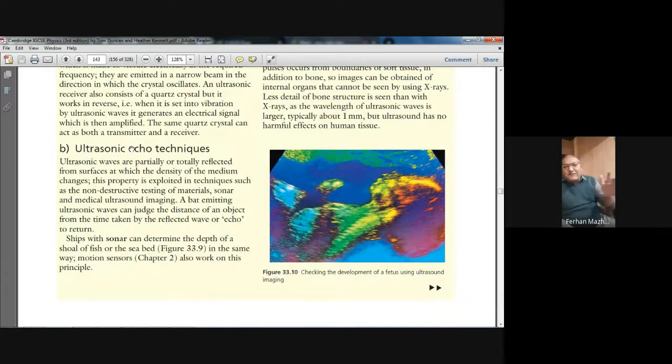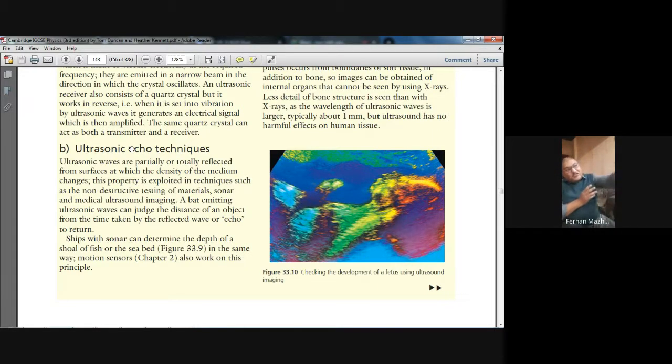When the bats are flying in the night, or even during the day, they produce ultrasounds, and those ultrasounds go away from them. If something comes in their path, the ultrasounds are reflected from that object and come back. So the bat has a transmitter of the ultrasounds, and the bat also has the receiver.